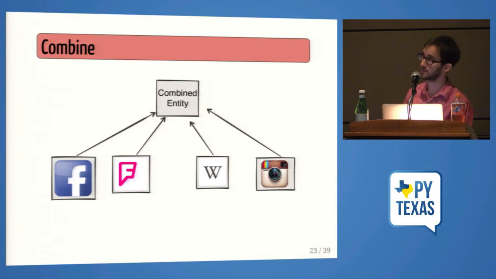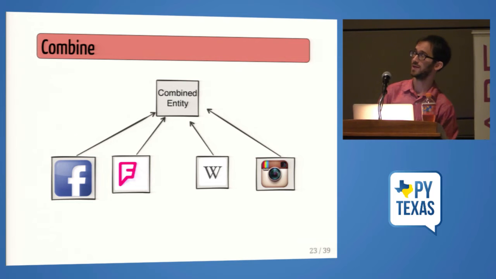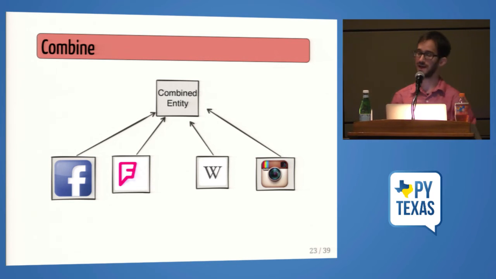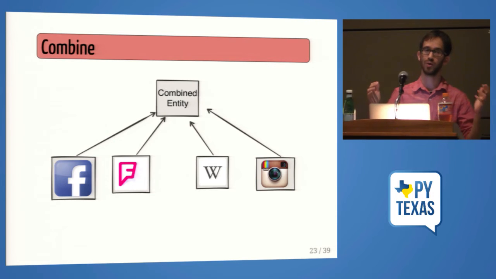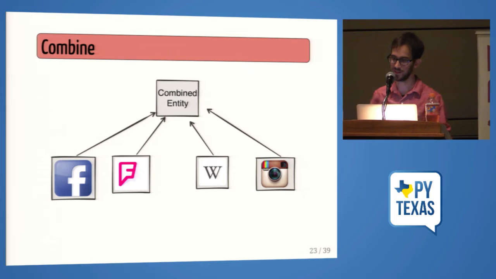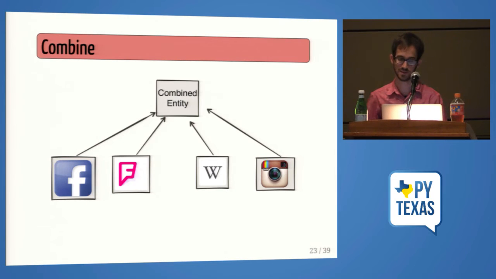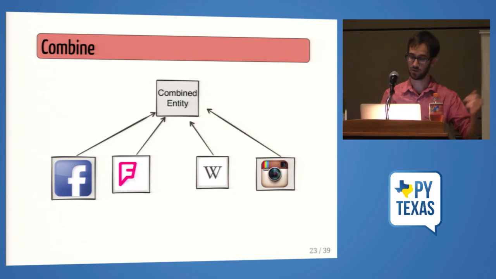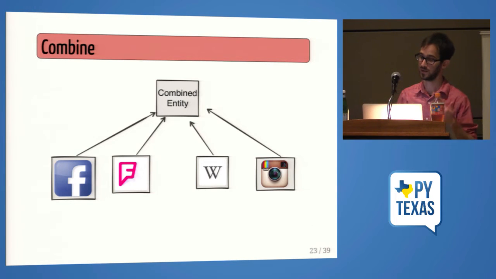Once we're done with that, and we think that our entity resolution is good enough and we collected enough data, we will start to combine everything together. We'll take the description from Wikipedia, the images from Instagram, the number of likes from Facebook, and the number of check-ins from Foursquare, and we'll be able to combine all of them together to give the user all of the details that we can.